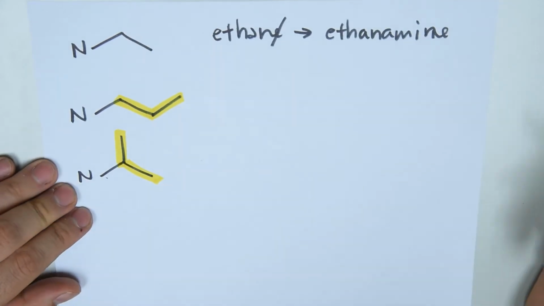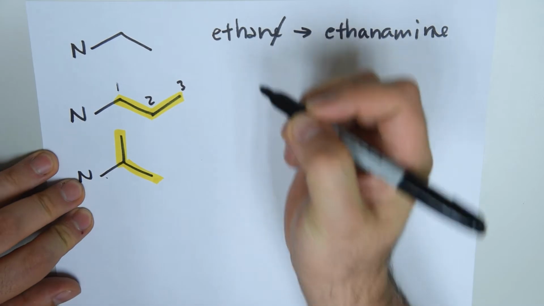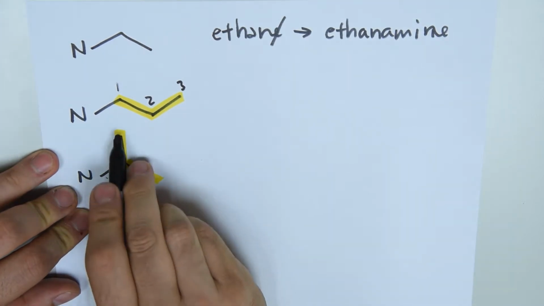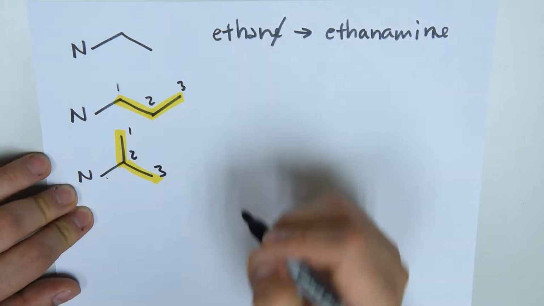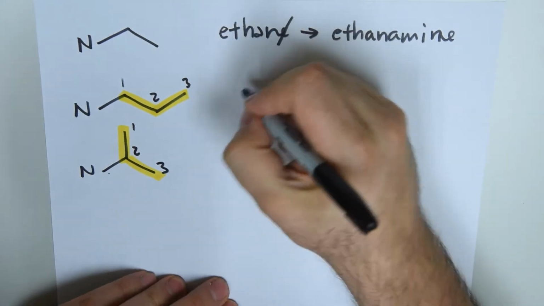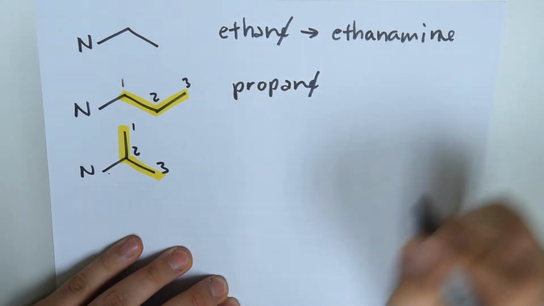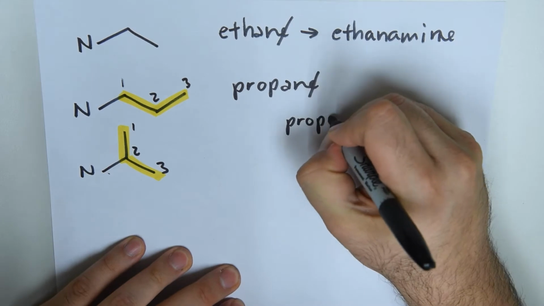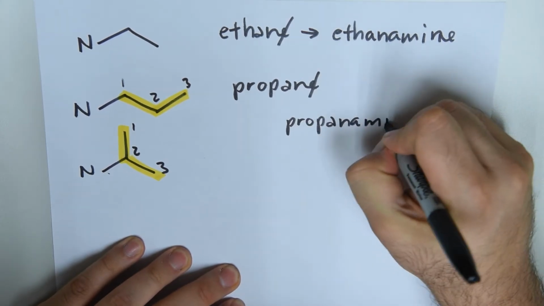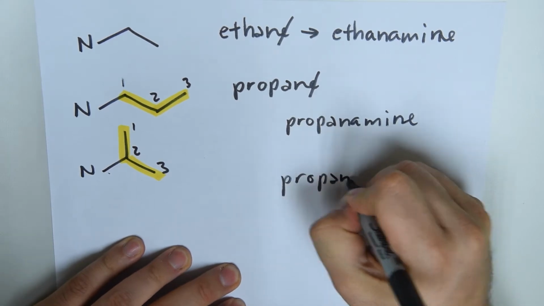So if we want to give the amino group the lowest number, I'm going to begin here in this chain, 1, 2, 3. And here, 1, 2, 3. It's based on the molecule of propane. So remember, we take away the E and we add the word amine. Propanamine. And here we also have propanamine.